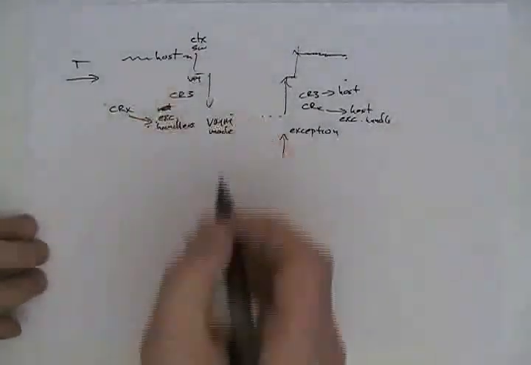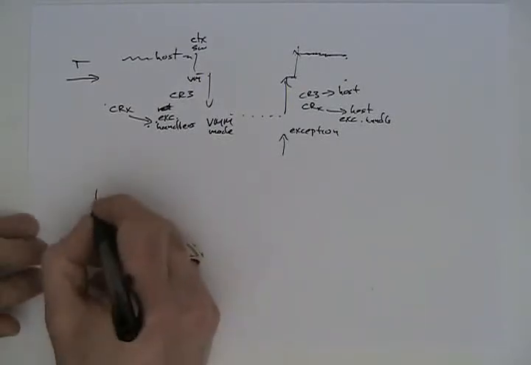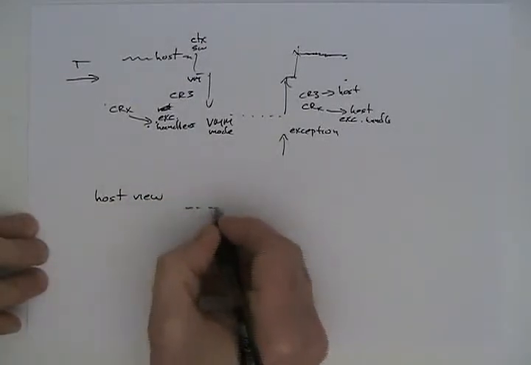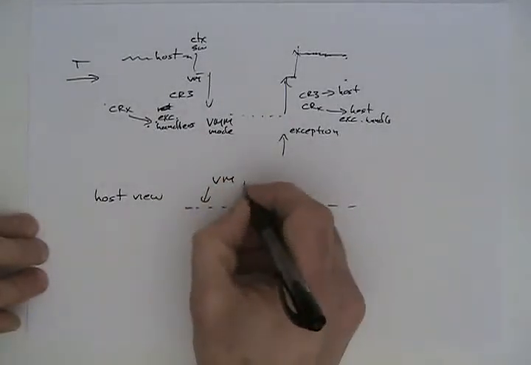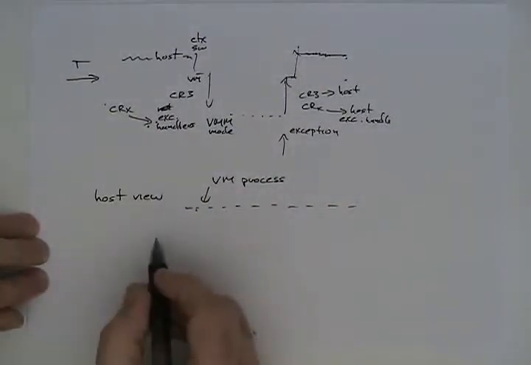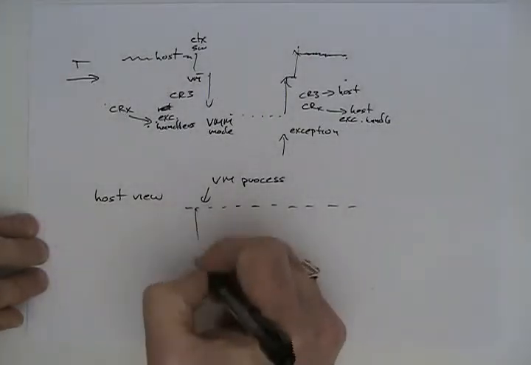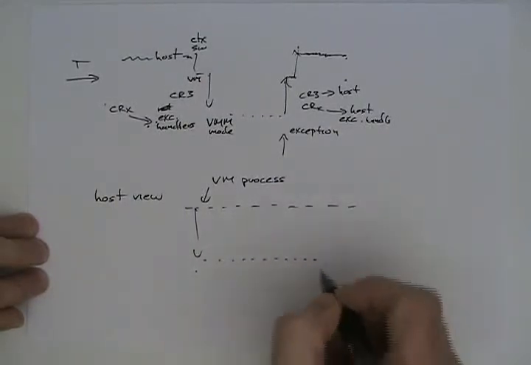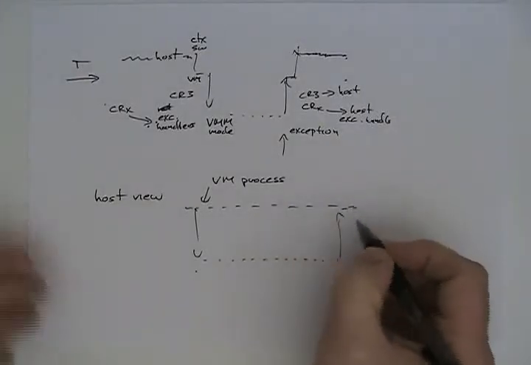So we have two things going on here. We have the host view where we have this process, which is, you know, the virtual machine process, but unbeknownst to the host OS, while this process is running, we actually do horrible things with the machine, and we set it to be running in this hypervisor mode until we take an exception and we exit back.